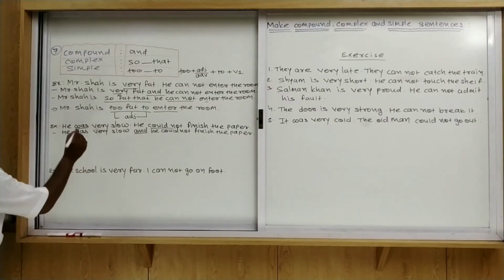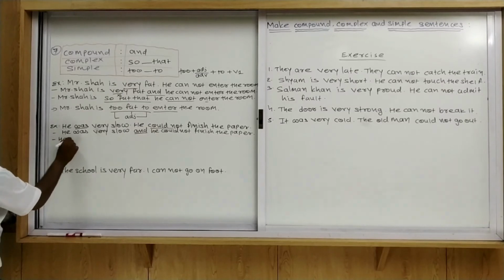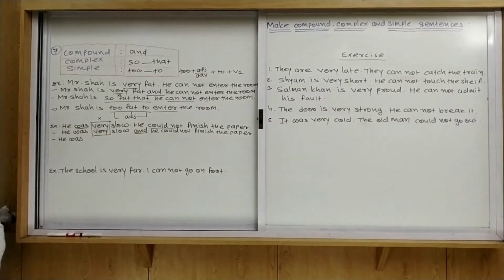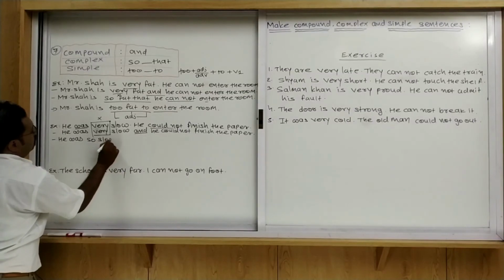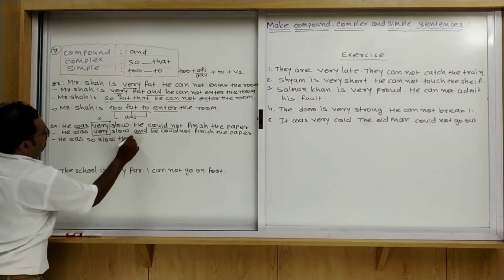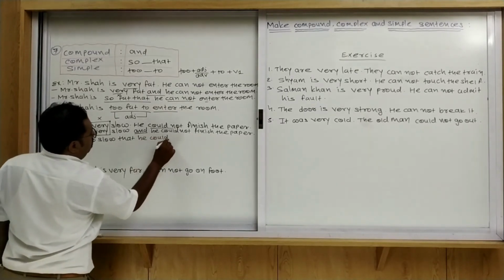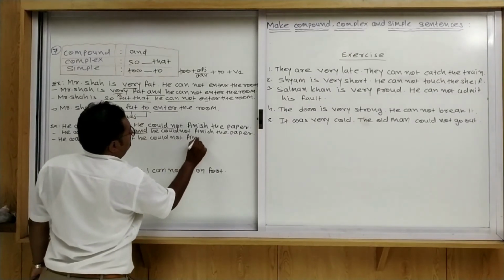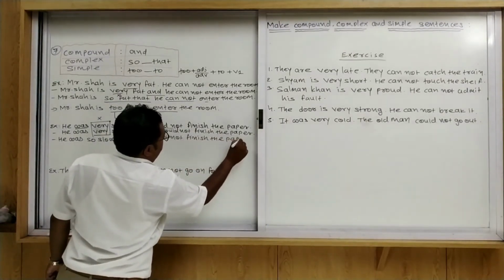Now I use "so that", complex sentence. So he was... when we use "so that", we remove "very". So he was so slow that he could not finish the paper.